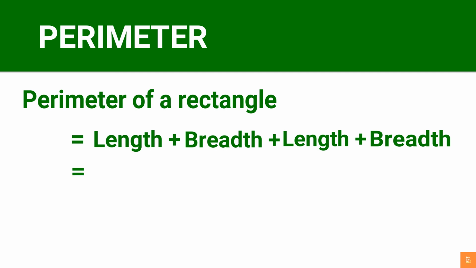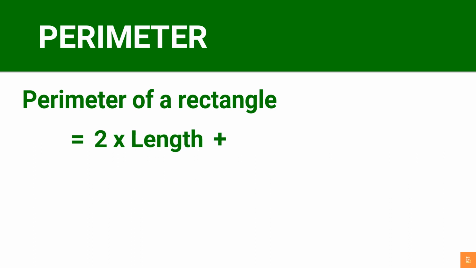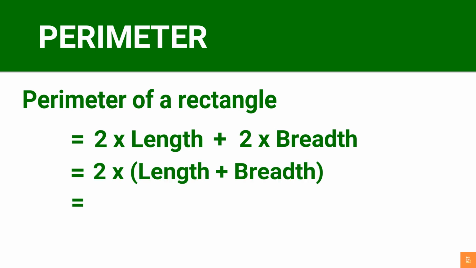That is equal to length plus length plus breadth plus breadth. Perimeter is equal to 2 into length plus 2 into breadth. That is equal to 2 into L plus B.